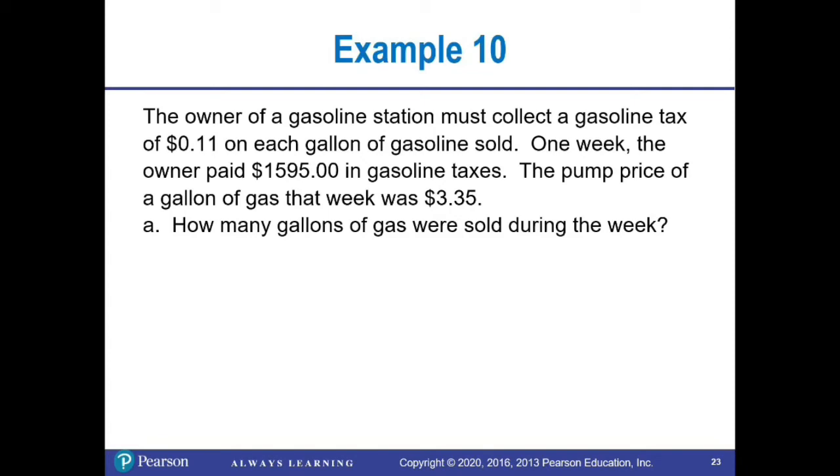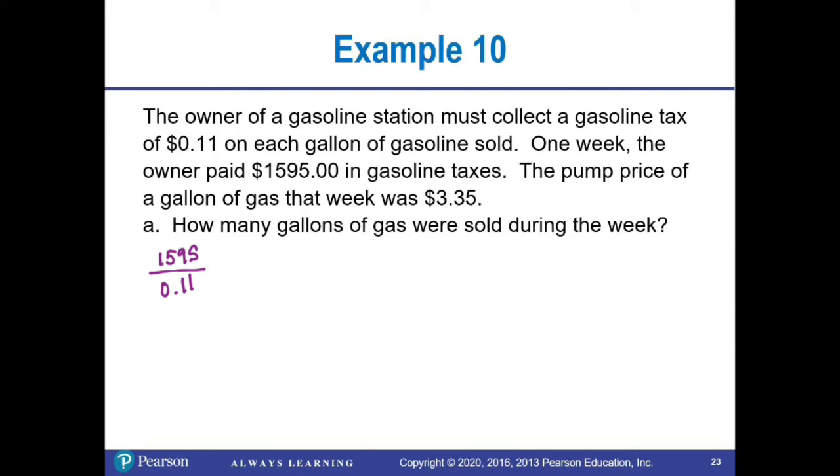To figure out how many gallons of gas were sold, I'm going to divide the amount that the owner paid in gasoline taxes, which would be $1,595, by the amount of the gasoline tax, which was 11 cents or 0.11. And I'm going to multiply by a power of 10 so that I have a whole number in the denominator of that fraction.